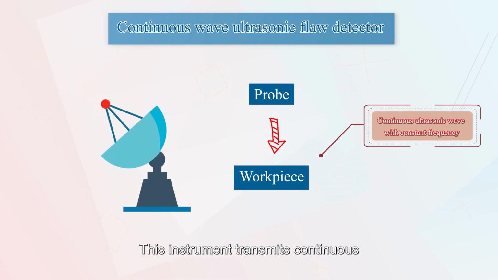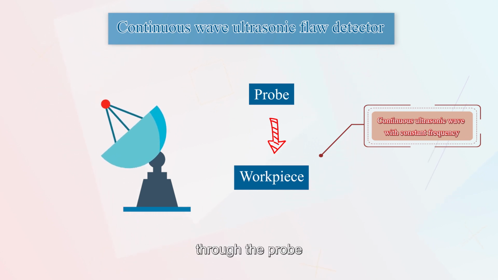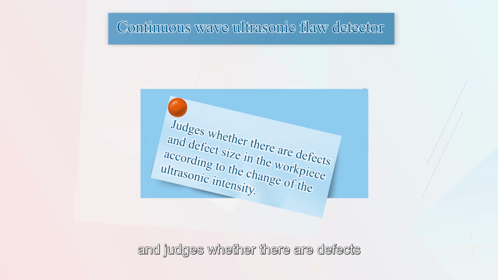This instrument transmits continuous ultrasonic waves of constant frequency, or with periodic changes in a small range, into the workpiece through the probe and judges whether there are defects and the defect size in the workpiece according to the change of the ultrasonic intensity.